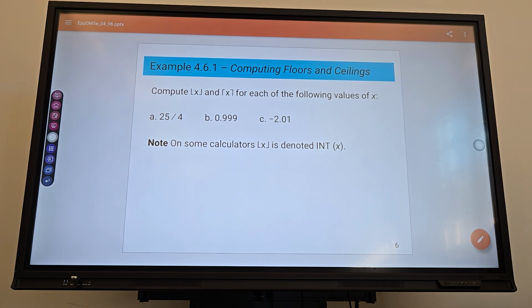It would be just 6. The ceiling is an integer value also. What would be the ceiling of 25 divided by 4? No, it's the next integer up from the fraction. So since it's 6 point something, it would be 7.